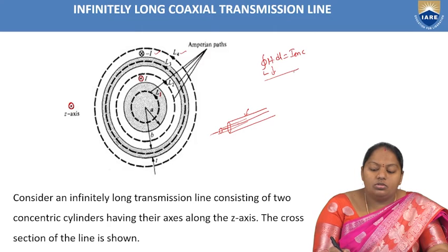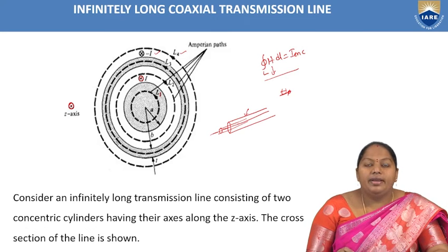Then, by equating those two, we get the equation for magnetic field intensity.